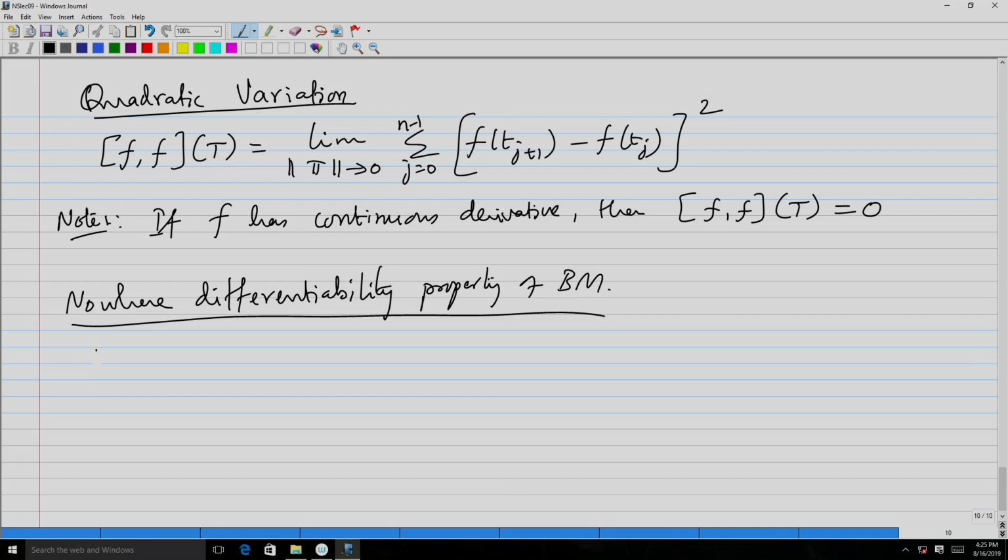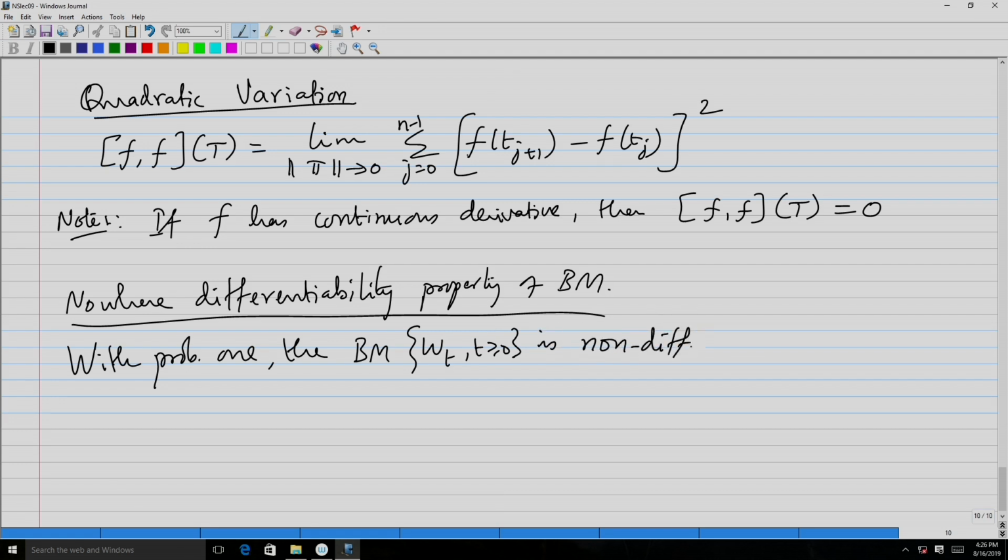What we say is that with probability 1, the Brownian motion, which is W_t, is non-differentiable at any t greater than or equal to 0.